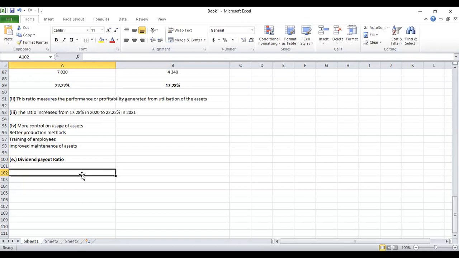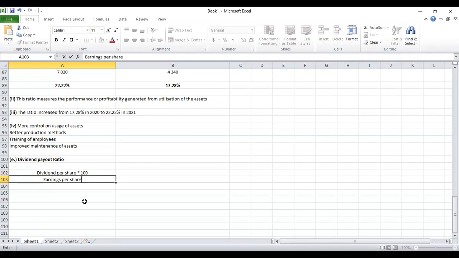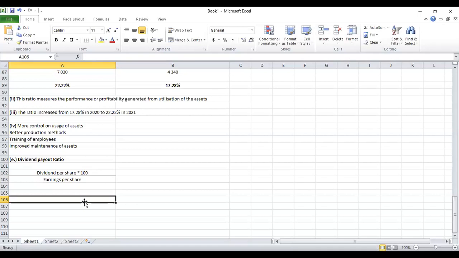When you're calculating your dividend payout ratio, it actually indicates the proportion of profits that you are going to pay out as dividend. Dividend per share times 100 over earnings per share. You can even use total. You can say your total dividends over the total earnings. You still get the same answer.